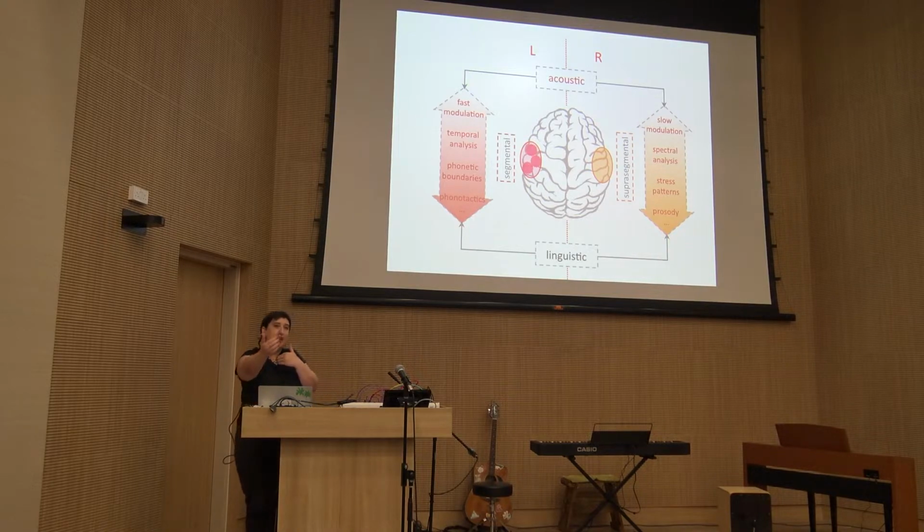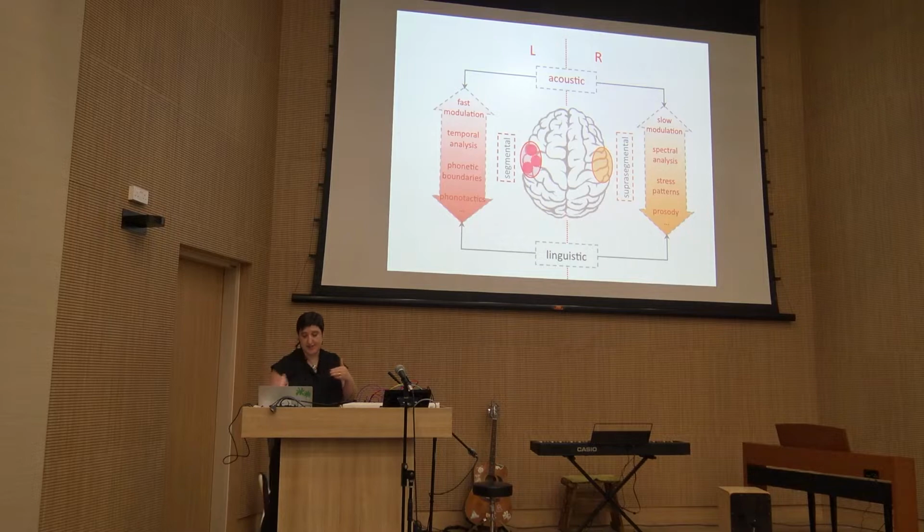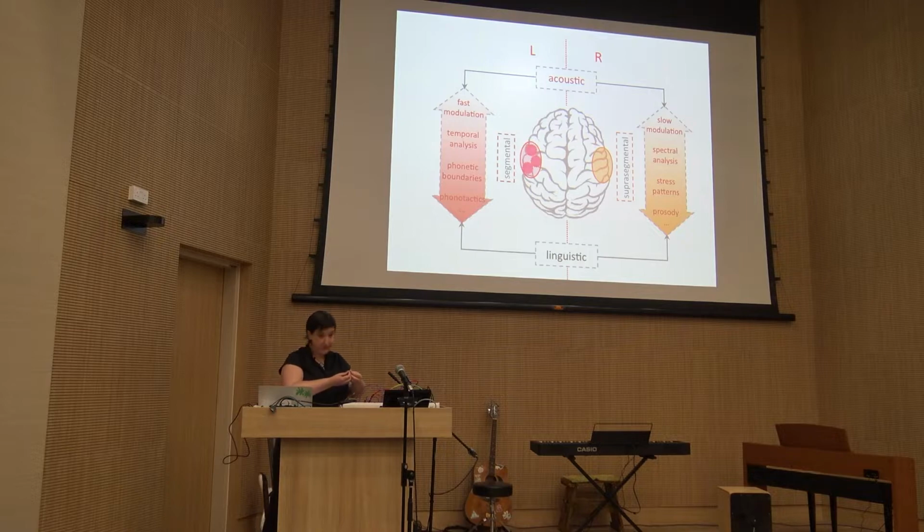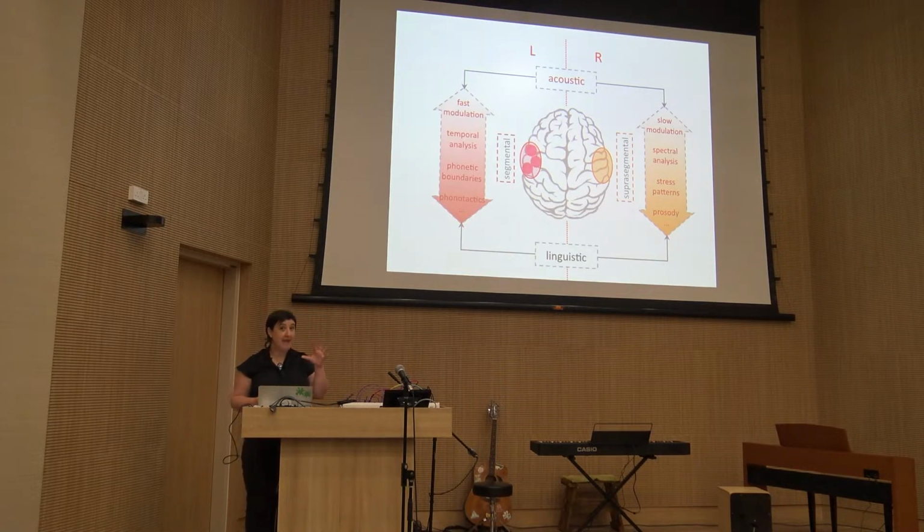If we take that even further and we think about language, this takes us into the domain of the boundaries between different speech sounds or the sequences that we hear them in. And understanding spoken language requires a lot of temporal precision. So this is why the left hemisphere may have a little bit of an advantage in some elements of language processing.